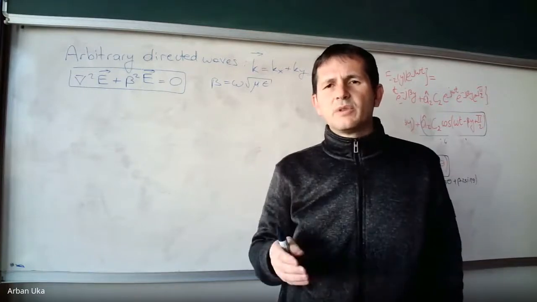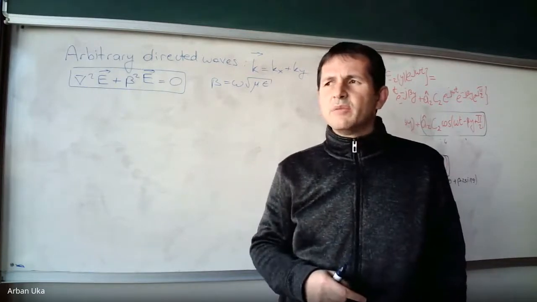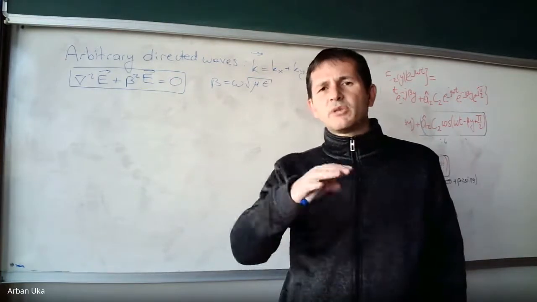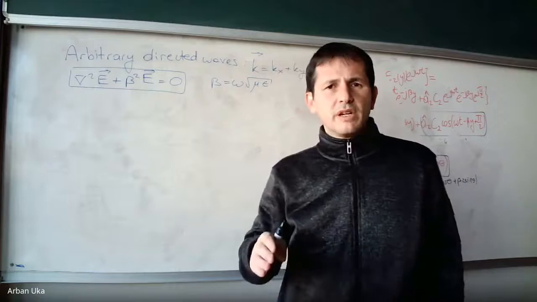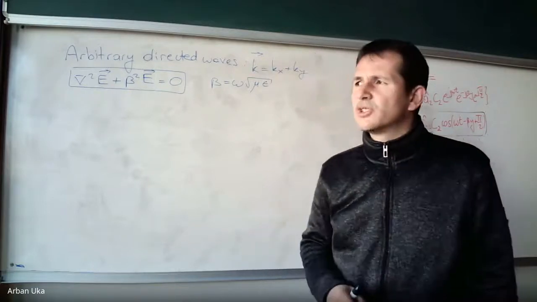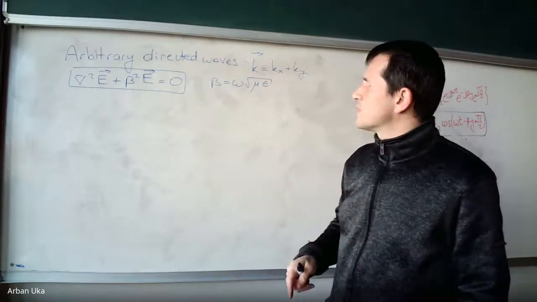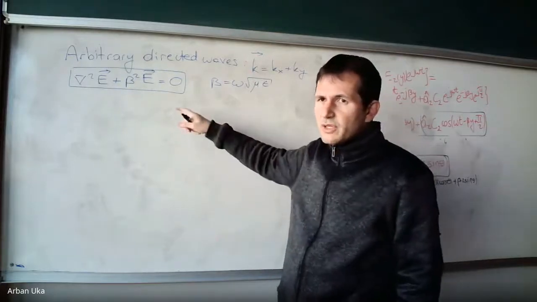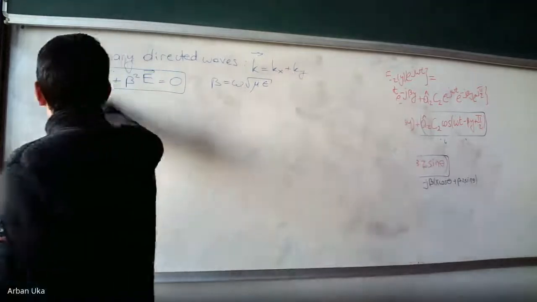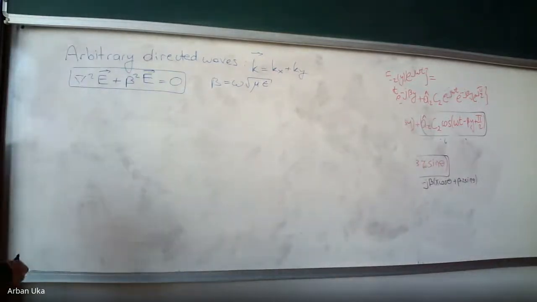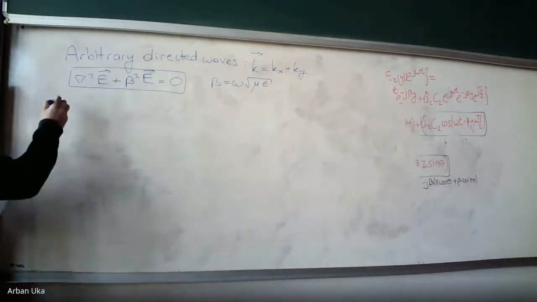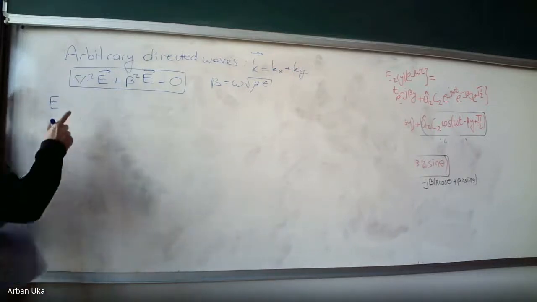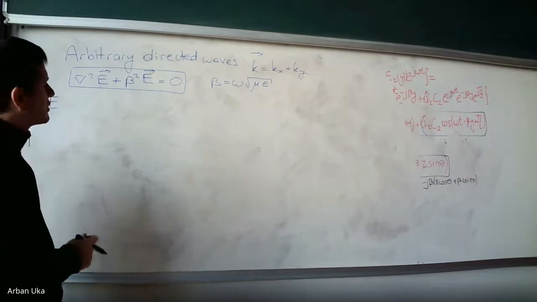If we have three variables like x, y, z, maybe the solution was a line, or maybe a plane, because you had two free variables and could change two values. So those solutions were solutions of an equation. Here, we are looking for all the possible values of the electric field for which, when we substitute them here, this identity is preserved.